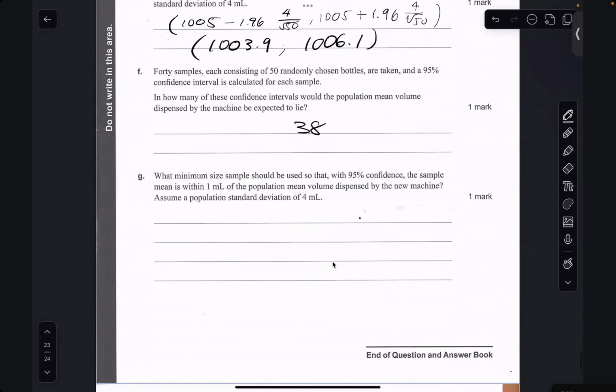What minimum size sample should be used so that with 95% confidence the sample mean is within 1 milliliter of the population mean volume dispensed by the new machine?